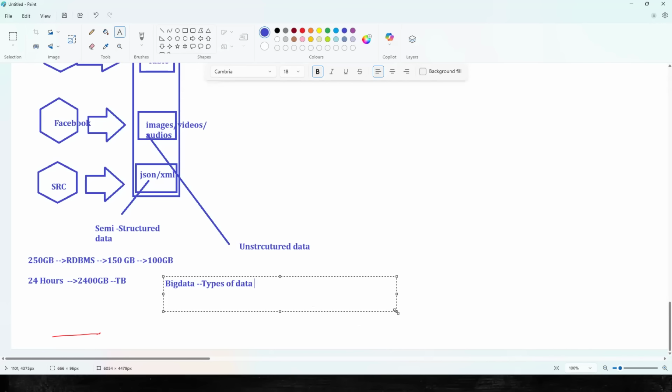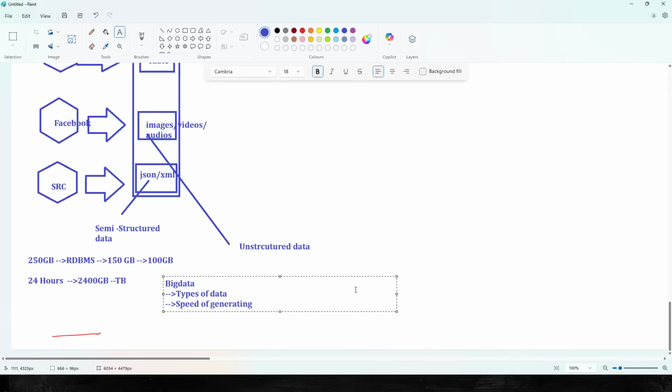Second thing is nothing but the speed of generating the data. Just understand these two problems.